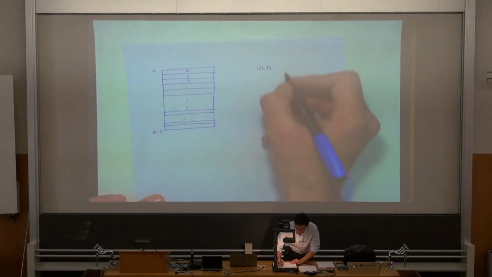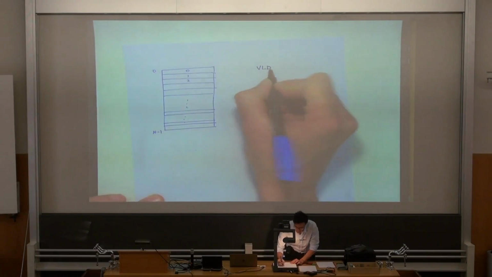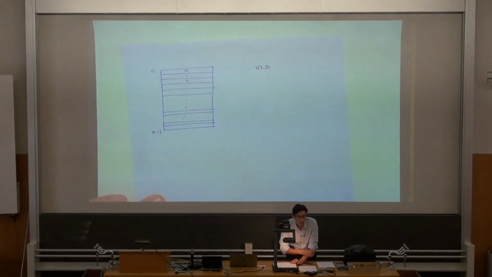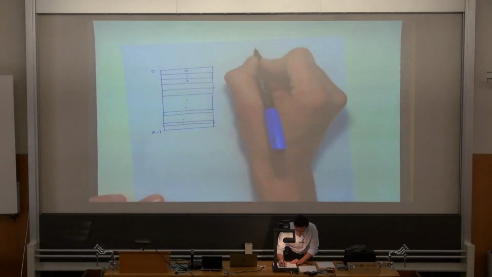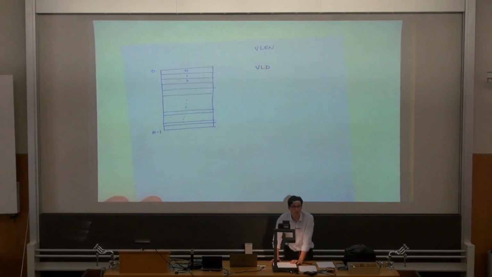Okay? So, when we want to execute this vector load instruction, one of the first things that we need to define is the vector length, which is the number of elements that we are going to operate on with one single instruction. And as I said before, it's related to the number of processing elements that we have in the vector processor.